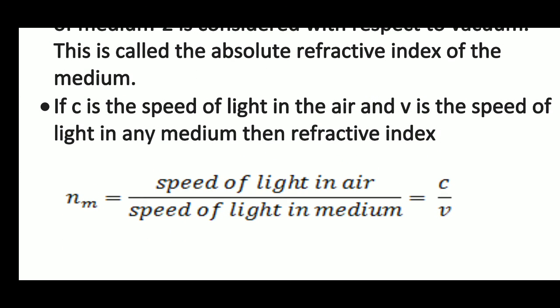And if c is the speed of light in air and v is the speed of light in a medium, then the refractive index of that medium nm is equal to speed of light in air divided by speed of light in medium, that is c upon v. This nm is known as the absolute refractive index.